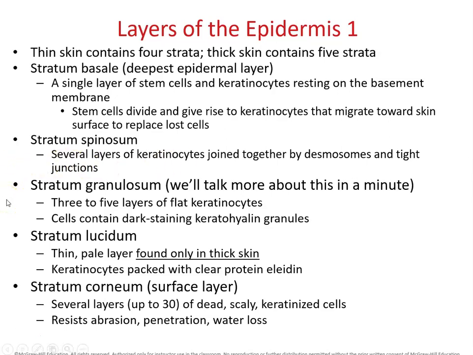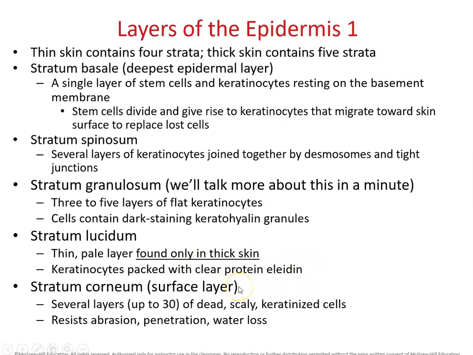Stratum granulosum, we're going to talk about this in more detail a couple slides from now, but this is a thinner layer, only 3 to 5 cells thick, of flat keratinocytes. And then only in the thick skin areas, we have the stratum lucidum. And these are keratinocytes that are packaged with a protein called eleidin.